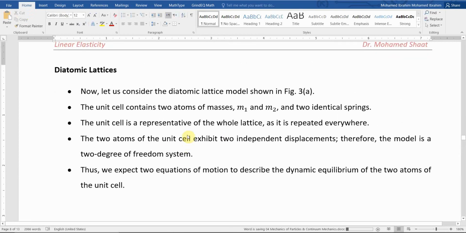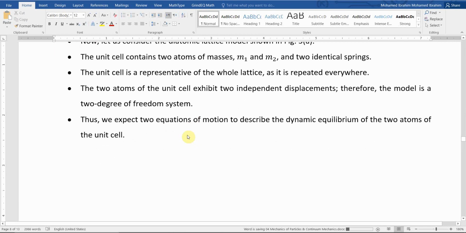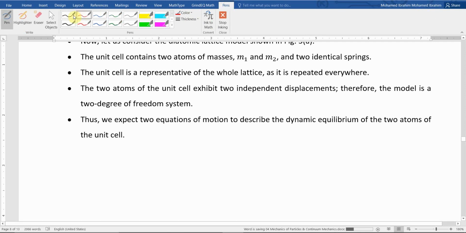So for this diatomic lattice, the one unit cell will include two atoms. These two atoms form one unit cell, and there is some interaction between these two atoms.